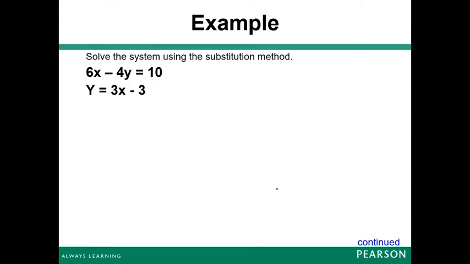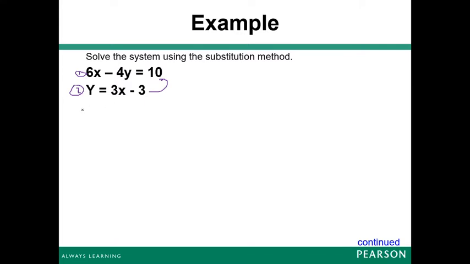Now, we have the first equation and the second equation. The second equation says y is equal to 3x minus 3. So I can replace this into the first one.